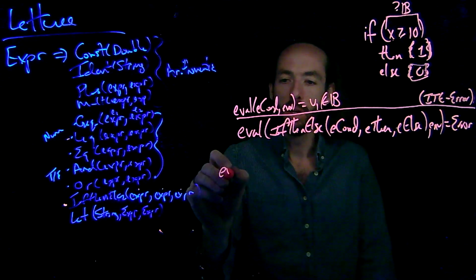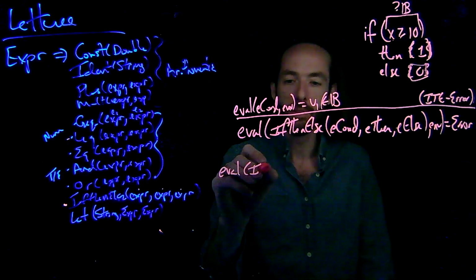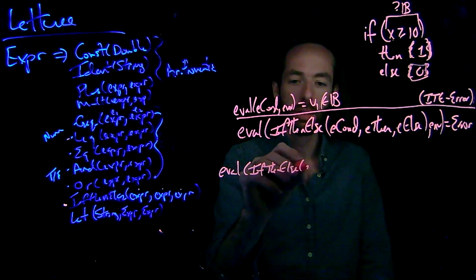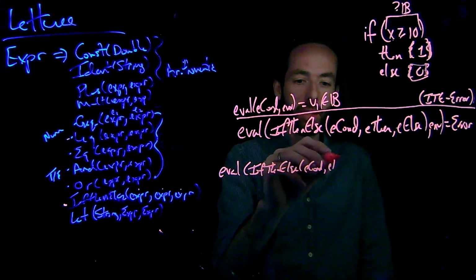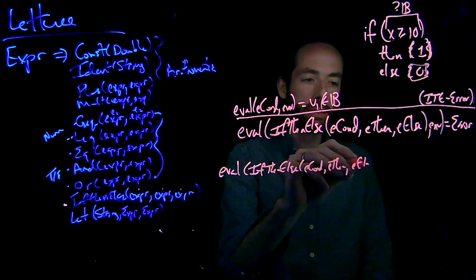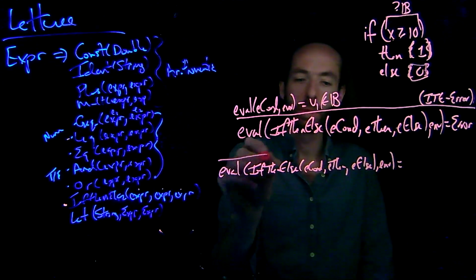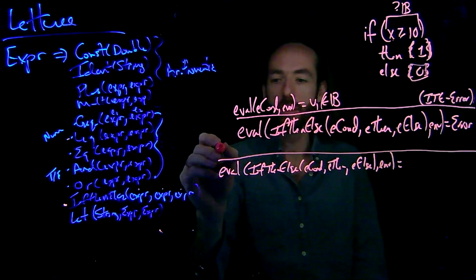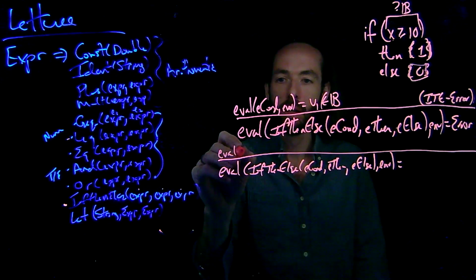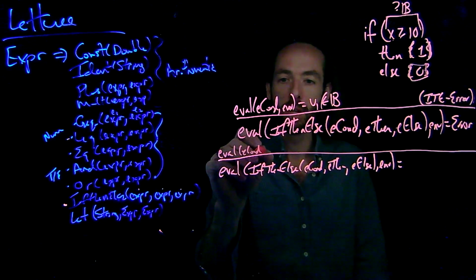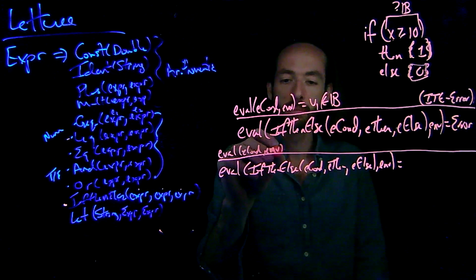Okay, well, now we have if then else on E conditional, E then, E else under our environment. What's the next situation? Well, we want to eval E condition under environment.